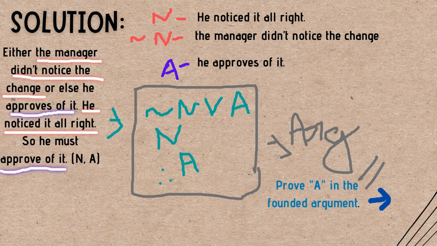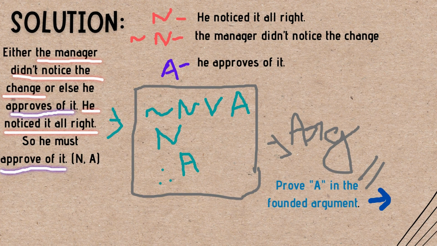The manager didn't notice the change. Let's keep it as the variable n. The next sentence is he approves of it, so let's use another variable, a. The next sentence is he noticed it all right.